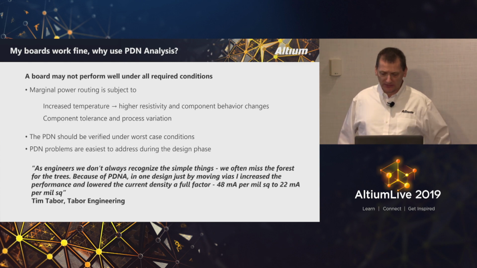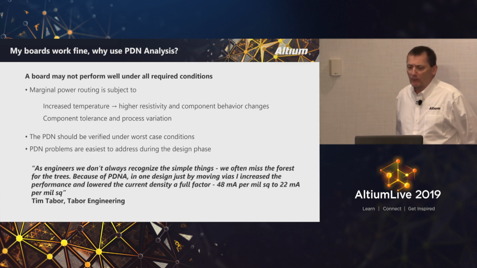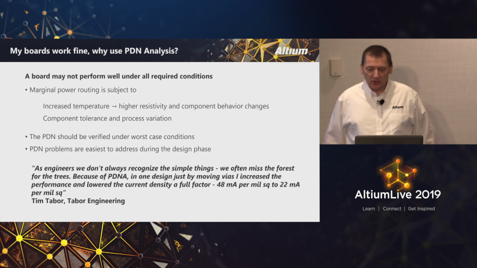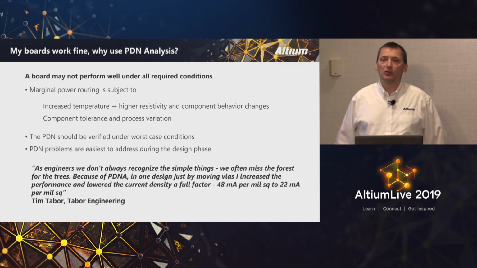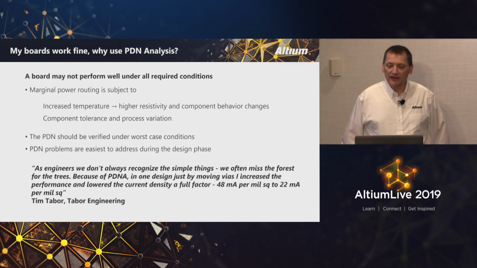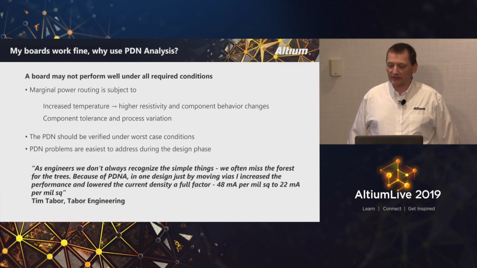That's what he's referring to here, where the current density through some vias was measured at 48 milliamps per square mil. Just by moving things around, or sometimes changing the diameters of the through-hole pads or vias, you can reduce that current density.